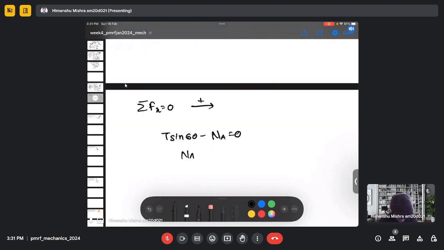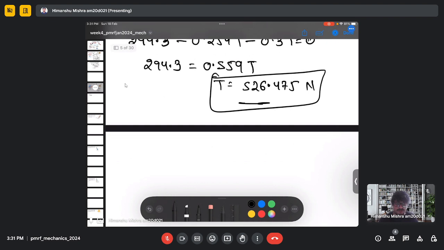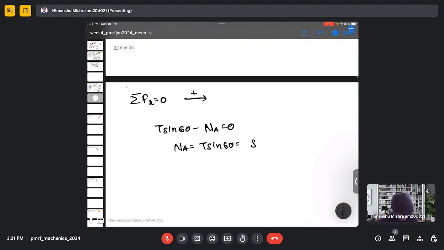So my NA is T sine 60, where T is 526.47. NA will be 455.93 Newton.